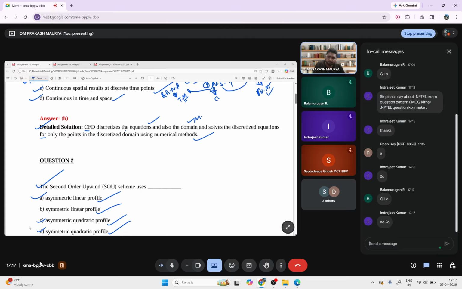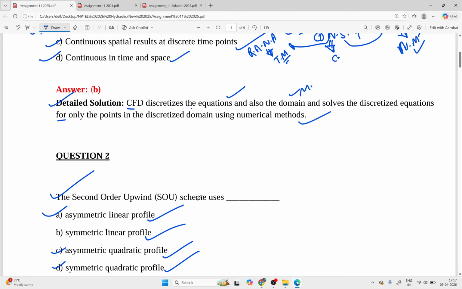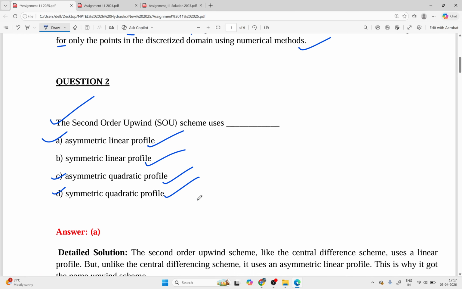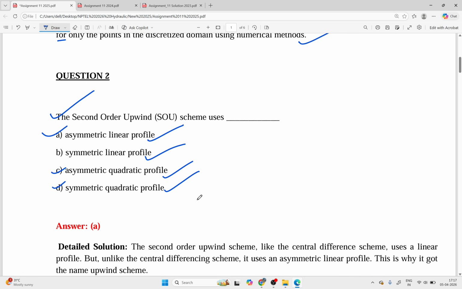Okay, so let me go for the final answer. The second order upwind scheme uses an asymmetric linear profile. Option A is correct. Let me go into the detailed solution written here.